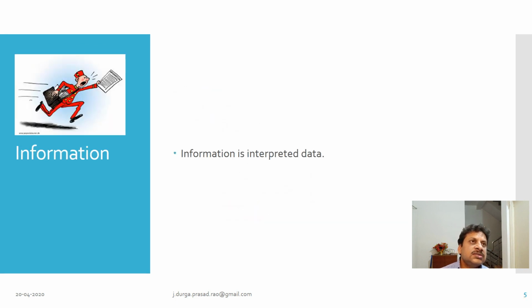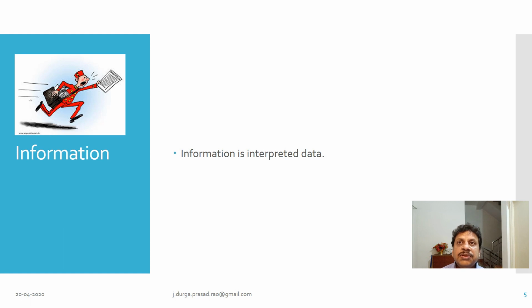Now let us know something about information. Before knowing the information, let me tell you about what is a datum. Well, a datum is a unit of data. It is a symbol or a set of symbols which is used to represent something.